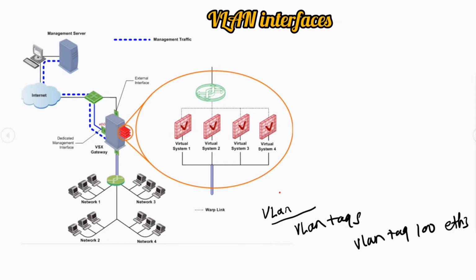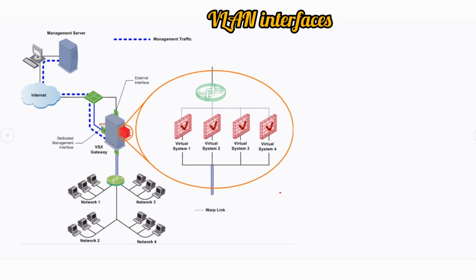What will happen? It will assign a virtual interface named, say, ETH3.100. So you will get a sub interface like this, and the traffic using this VLAN tag will reach the destination which is designated for this communication.